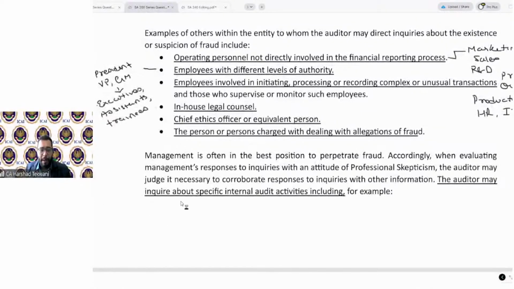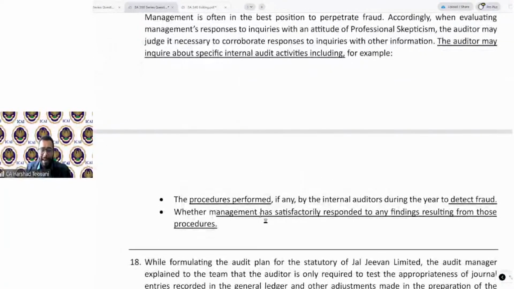The auditor may inquire about specific internal audit activities, including procedures performed, and whether management has satisfactorily responded to findings or not. So, when we are inquiring with internal audit, what you need to inquire is also important. First, we inquire what procedures internal audit has performed to understand how they are detecting fraud. Internal audit is also performing some procedures to identify and detect fraud.